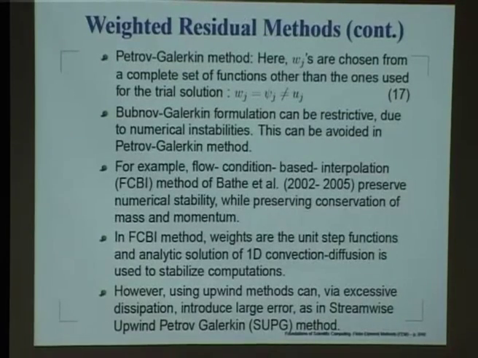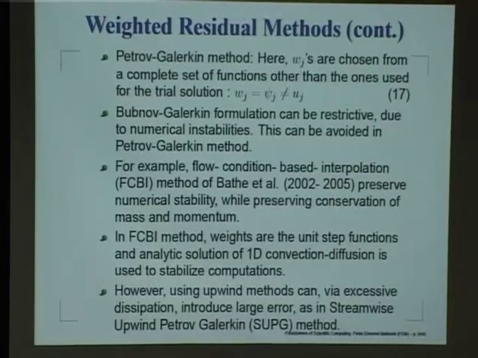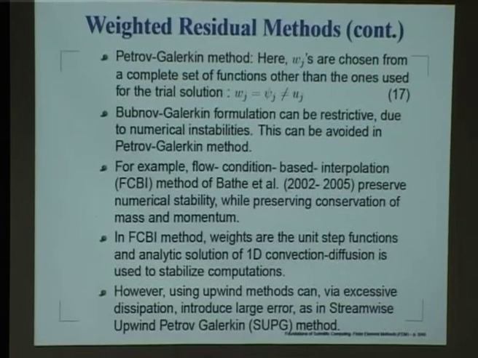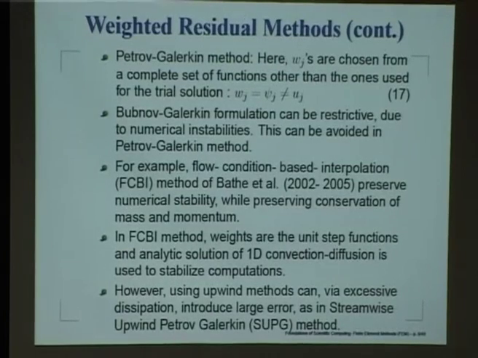So they decided to choose the Petrov-Galerkin method instead, and exercise the choice of the weight function in such a way that numerical instabilities can be circumvented. For example, the flow condition based interpolation method, FCBI, or the streamwise upwind Petrov-Galerkin method due to Hughes. Professor Bathe is at MIT and Hughes is from Stanford.